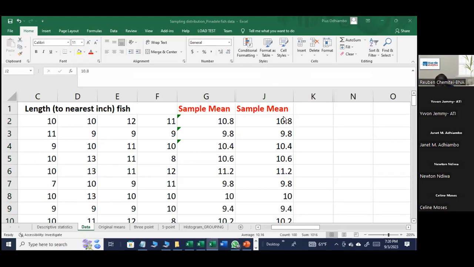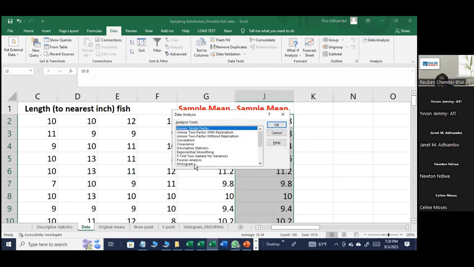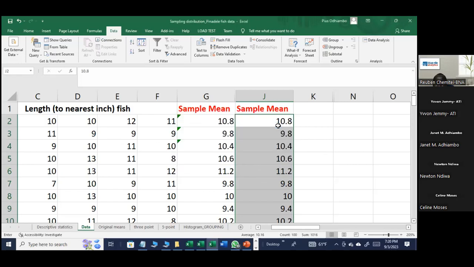I click on Data, then Data Analysis. You remember we did this when we were doing the Anova. So you go to Histogram. I want to display this data on a histogram, so I'll basically click OK.